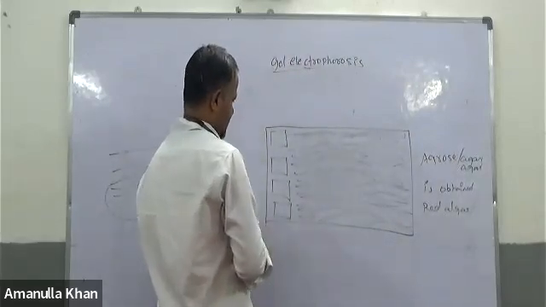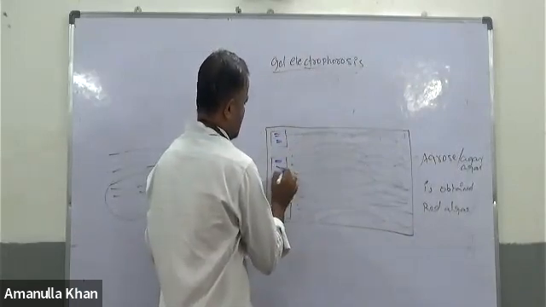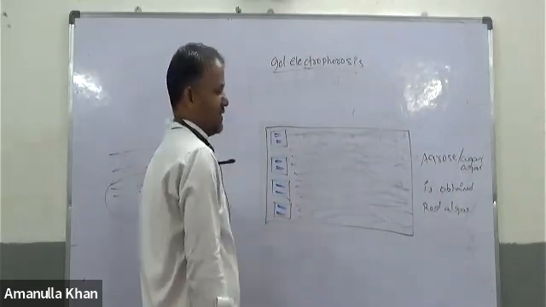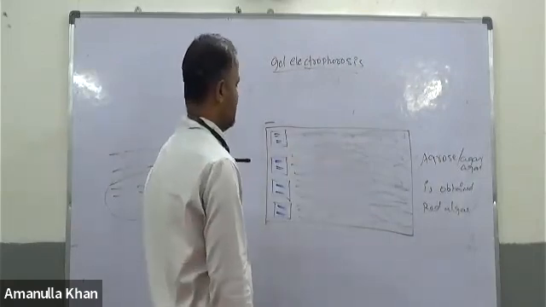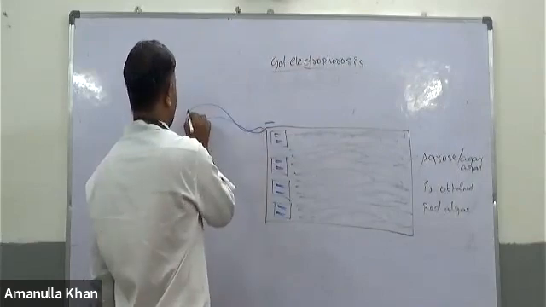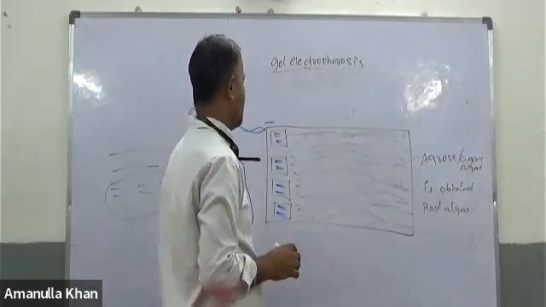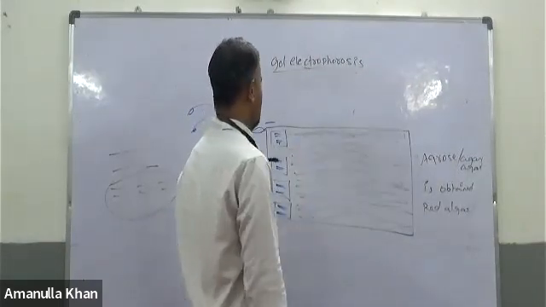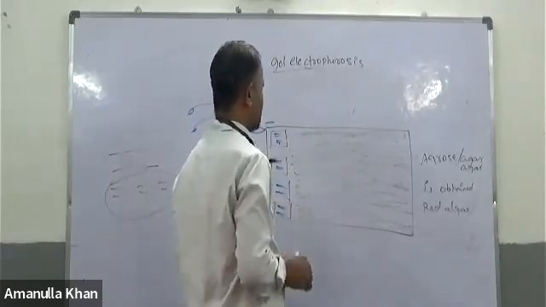DNA is generally negative in charge. When we apply electricity to this agarose plate, what happens? These DNA fragments move based on their size.